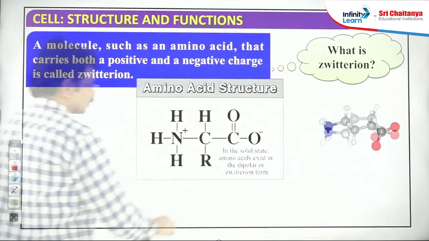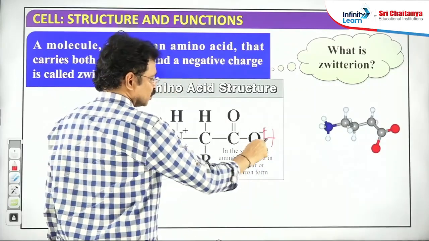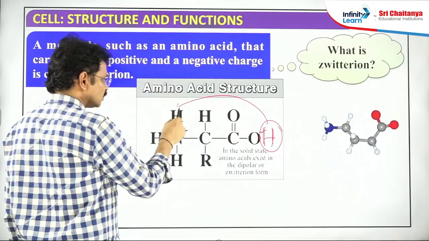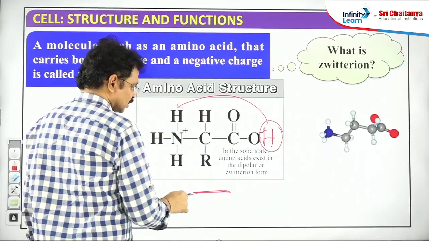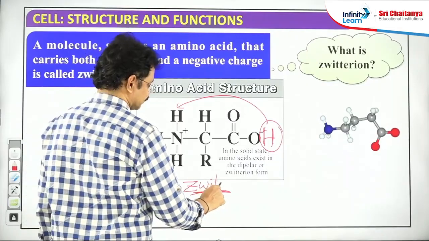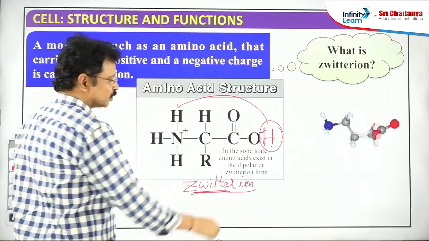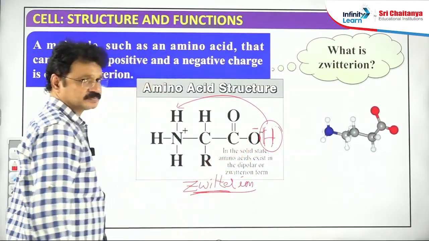Observe these images. Actually, in the carboxylic group COOH, if one proton H plus is removed and transferred to the amino group, it becomes a zwitterionic form. Due to loss of proton, negative charge is developed.